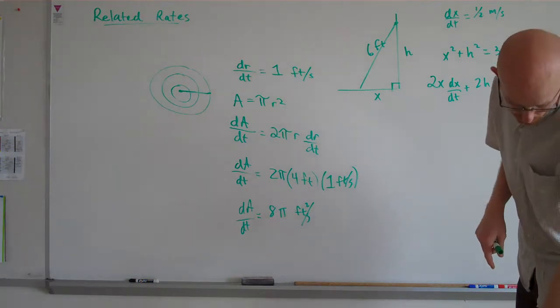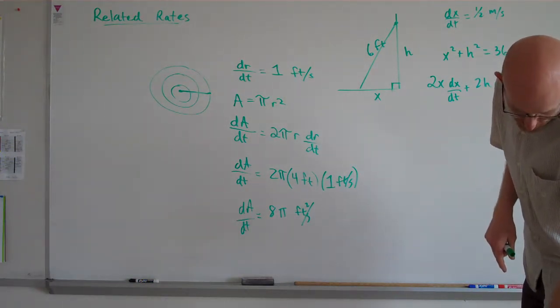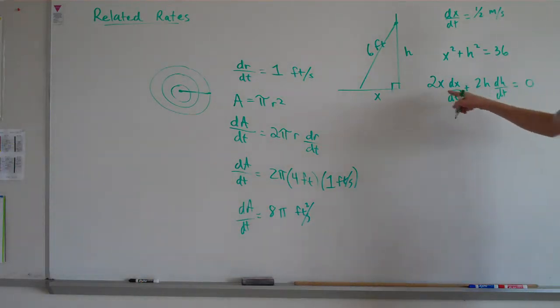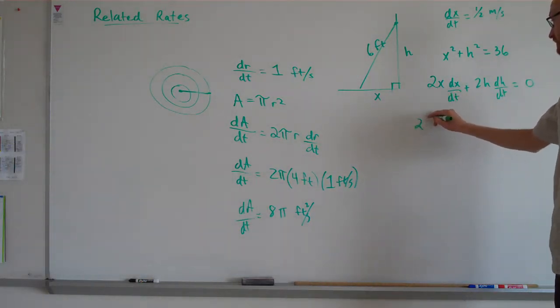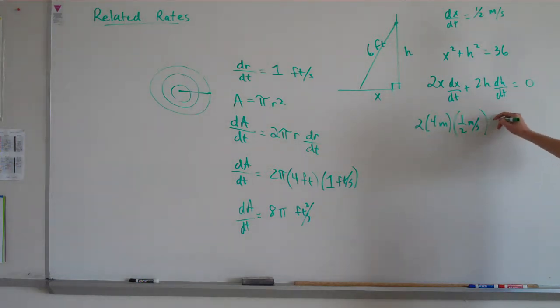And we're also told, when the bottom is 4 meters from the wall, so at that instant, x is 4 meters, dx/dt is 0.5 meter per second. h we don't know yet. I'm sorry, we're looking for dh/dt, my fault.